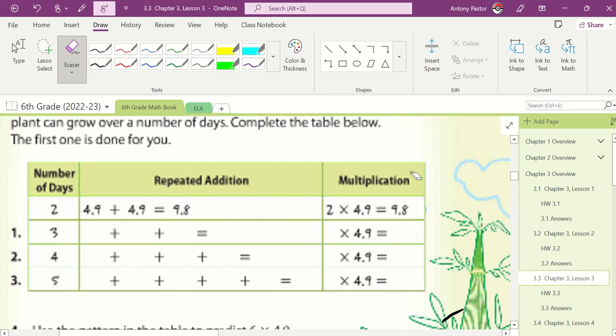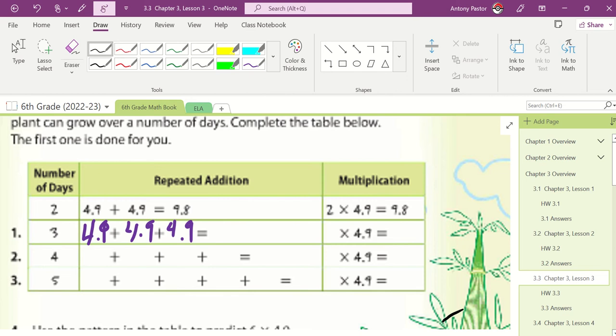So, repeated addition would be 4.9 plus 4.9. In the number of 2 days, it would be 9.8. Now, in 3 days, we would do 4.9, 4.9, and 4.9. We're going to go ahead and use a thinner pen because that was a lot.